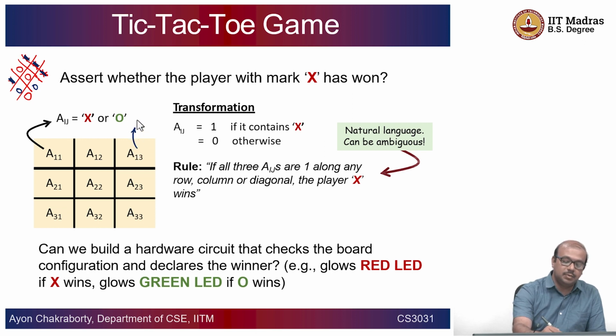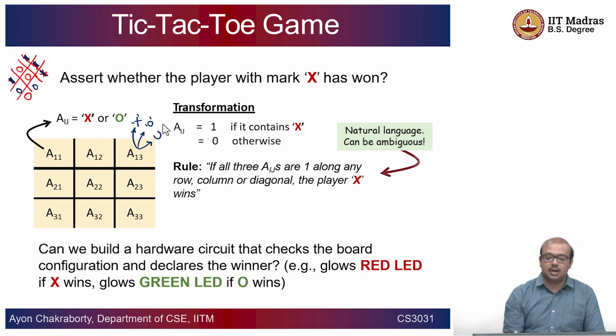It can either be an X, or an O, or it could be something like U, which is unused, where the user has not given any input. Of course, we cannot use Boolean algebra with variables that can take three possible states. We have to somehow reduce the problem into a situation where I can work with only two states, 1 or 0 in this case.